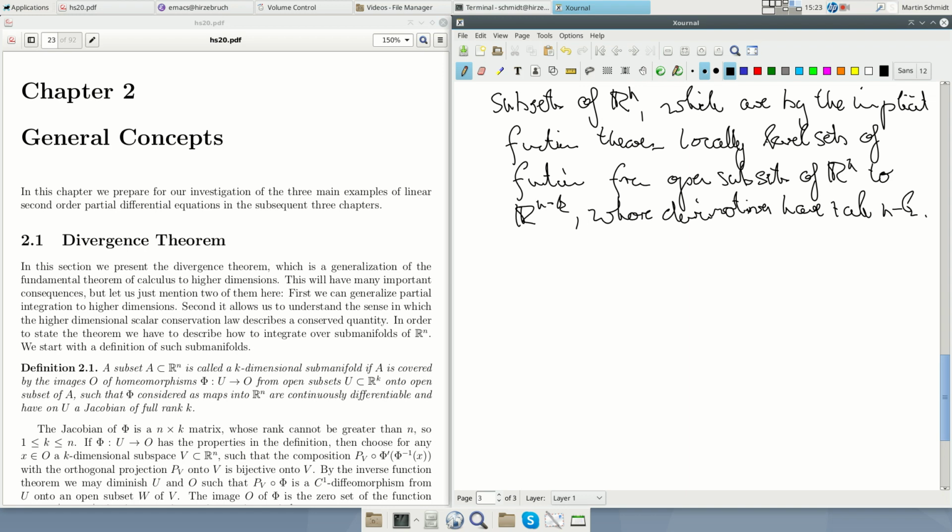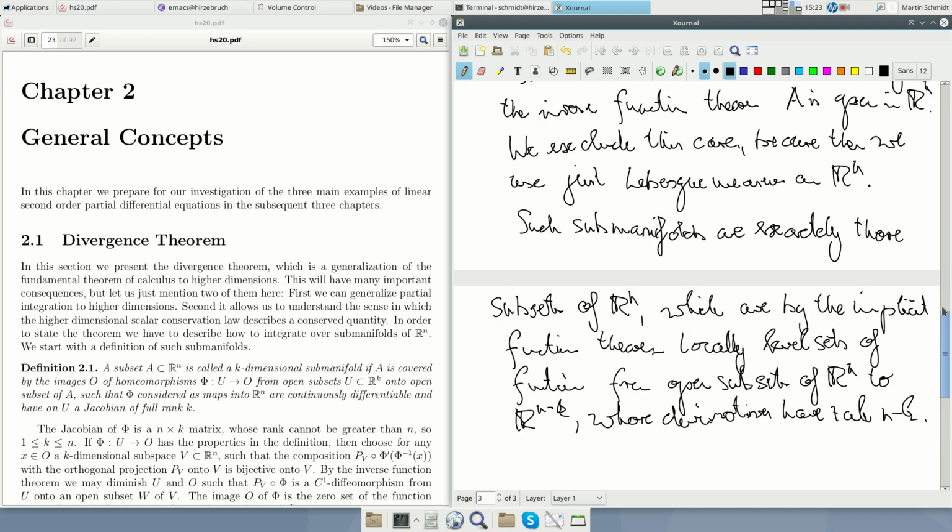Okay, let us explain this. Here we describe exactly the situation which enters in the implicit function theorem. And then the implicit function theorem tells us that such sets are graphs of the implicitly defined functions.